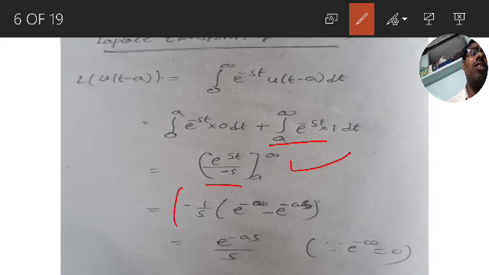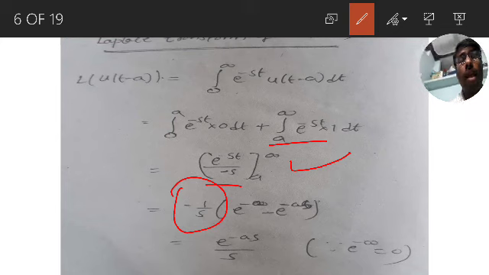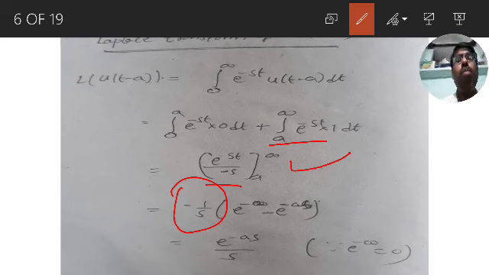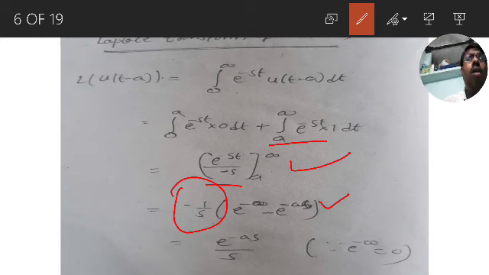Let us take the constant minus 1 by s outside. At the upper limit, in place of t write infinity, giving e power of minus infinity, minus e power of minus as, where at the lower limit we write a. So it is minus 1 by s into e power of minus infinity minus e power of minus as.